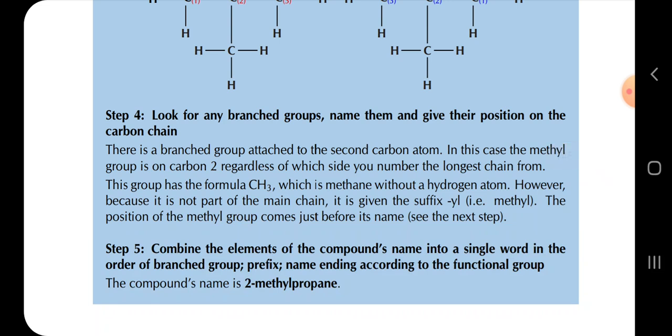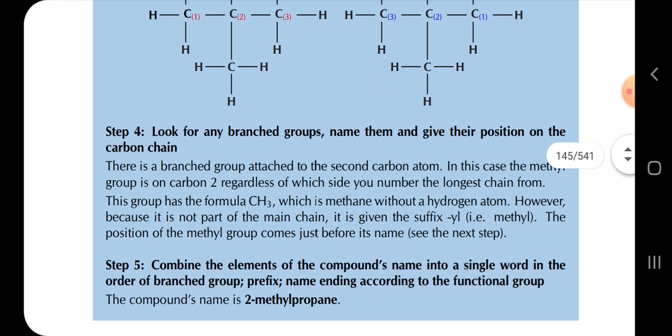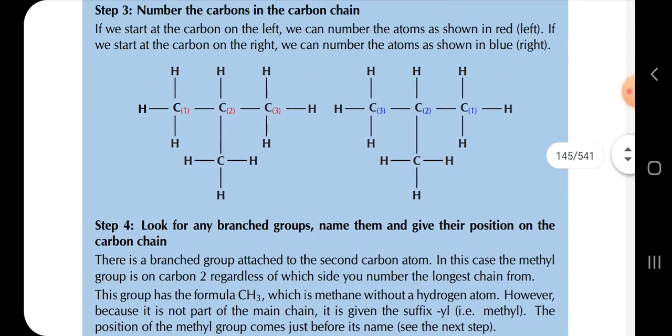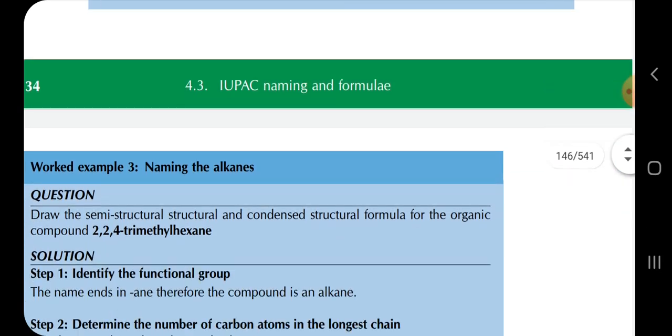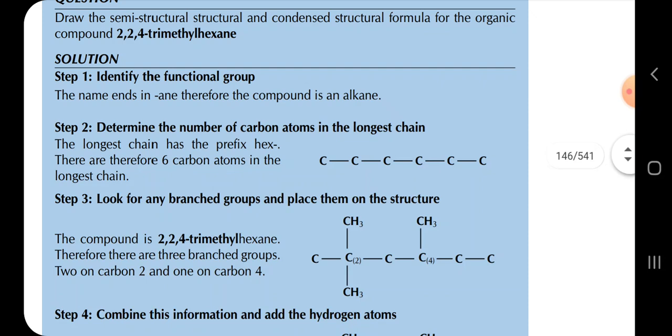The 2 represents the branch on the second carbon. We have methyl for the branch, prop because of the 3 carbons in the parent chain, and then because it's an alkane, we have -ane at the end. I hope you understand. We have named them, but let's try a different one.